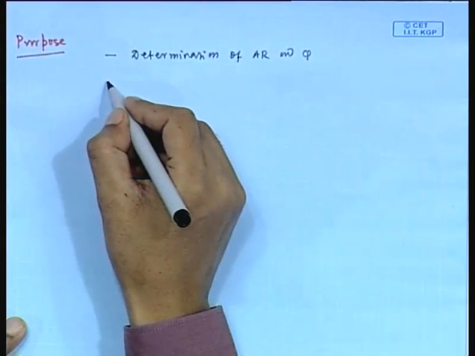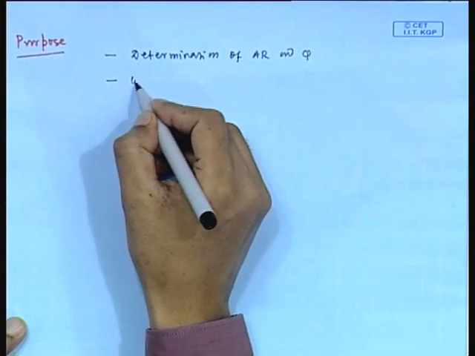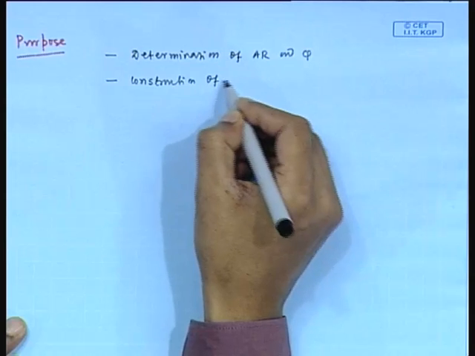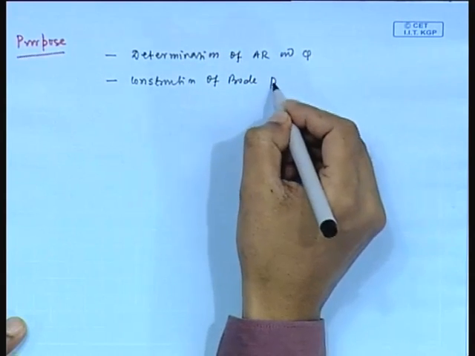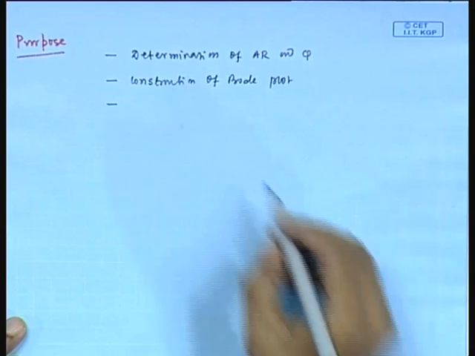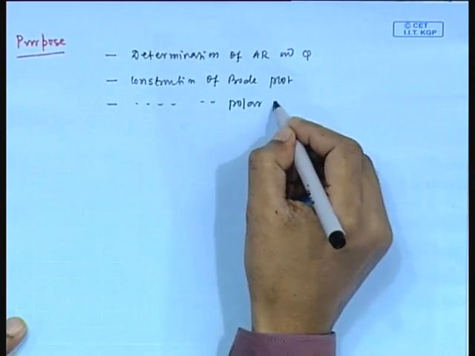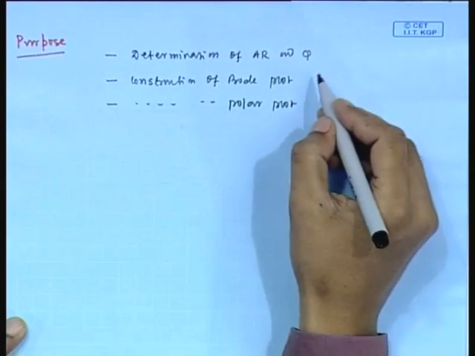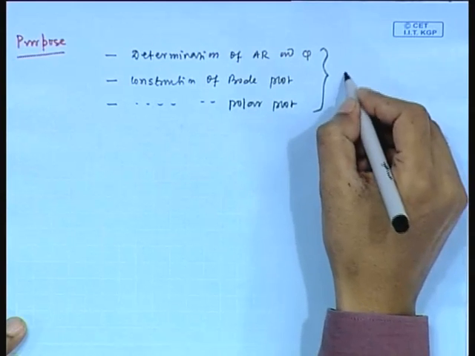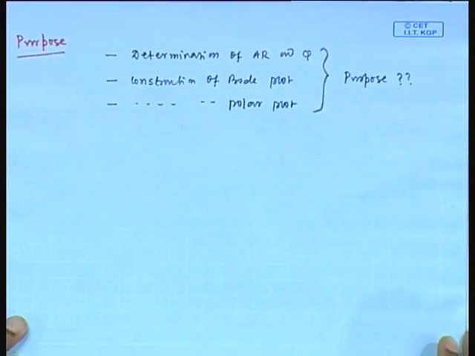We have studied the construction of Bode plot. We have started the construction of polar plot. But what is the purpose of doing all this?